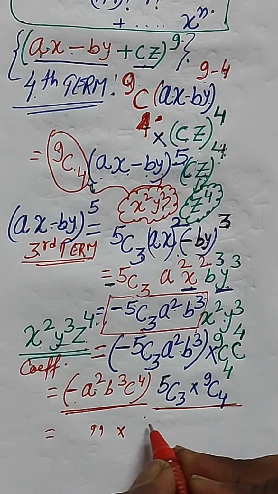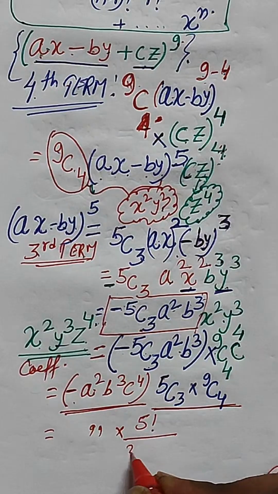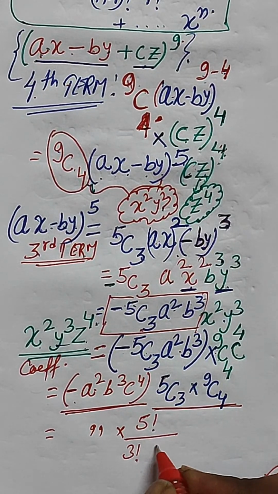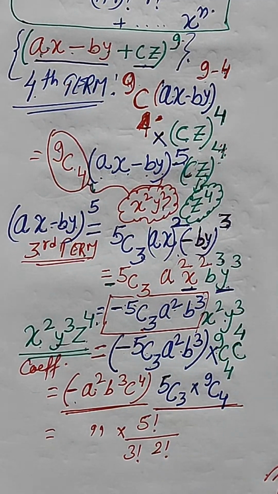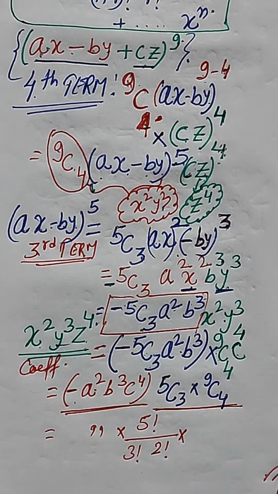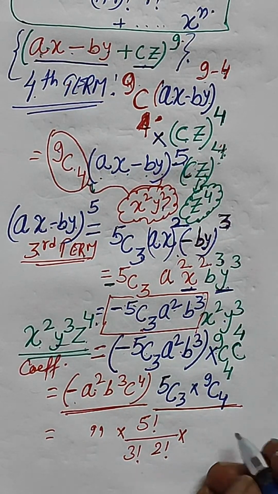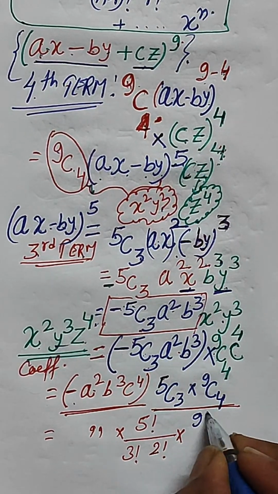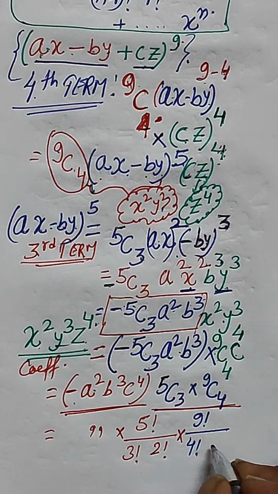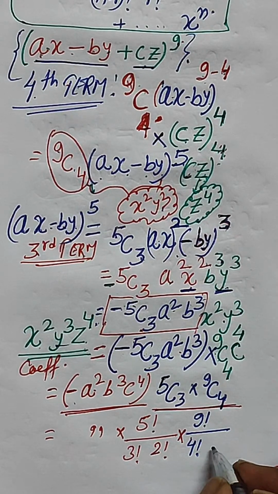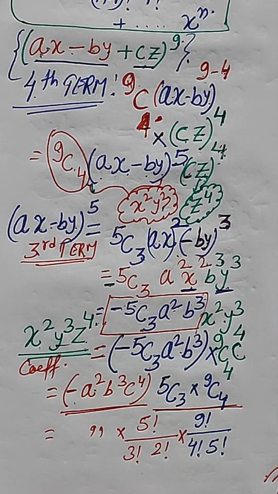5c3 will be giving you factorial 5 by factorial 3 into factorial 5 minus 3, that is factorial 2, multiplied with 9c4. So this will give you factorial 9 by factorial 4 into factorial 9 minus 4, that is factorial 5, right?